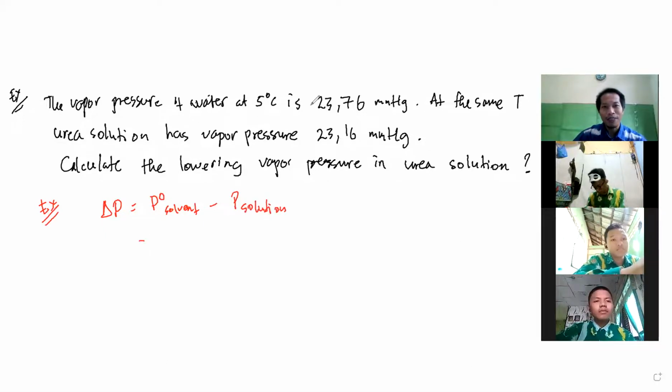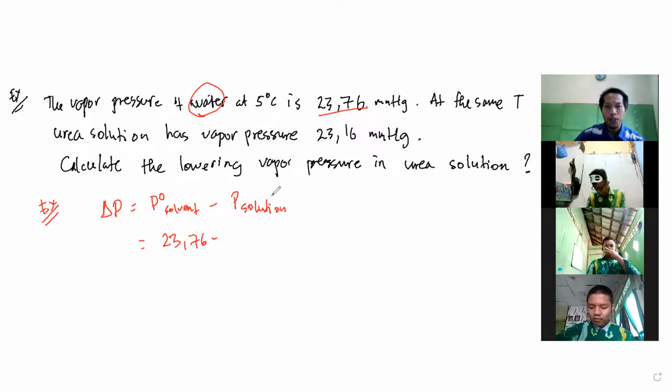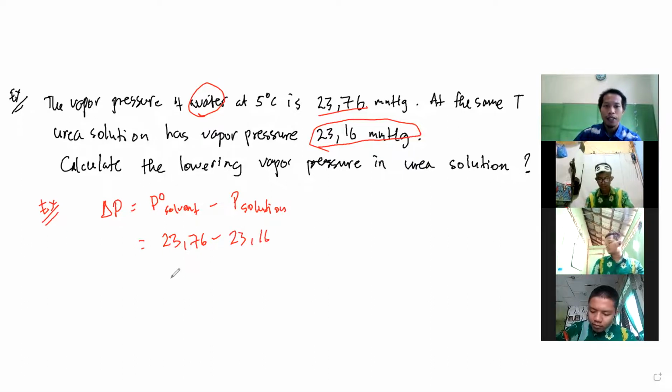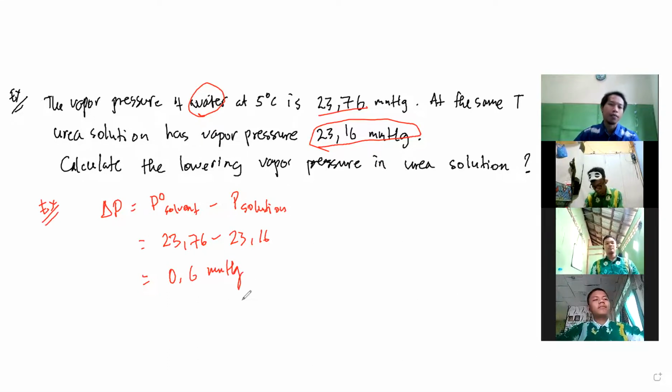P0 solvent, which one is the solvent? The solvent is water. P0 is this one, 23.76, minus P solution. What is the solution? The urea solution here, and its vapor pressure is this one, 23.16. So it is very simple. You will get 0.6 millimeter mercury as the answer.